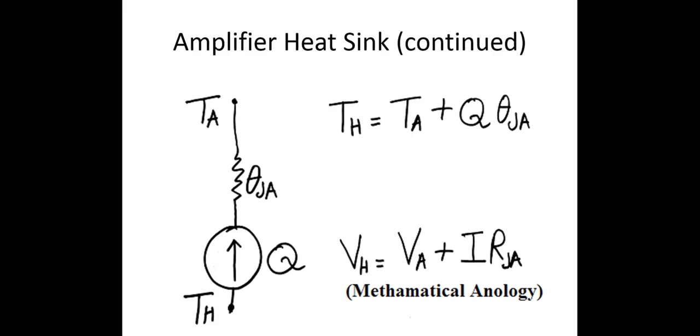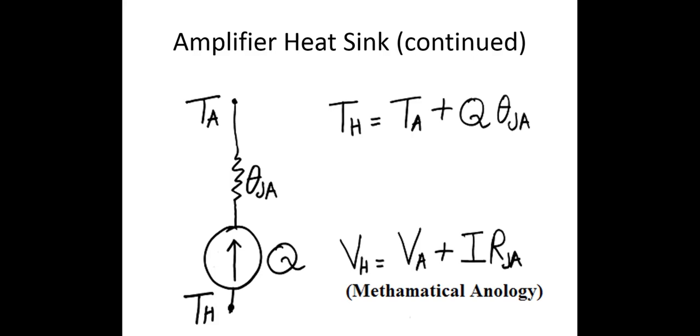As we know from electric circuit theory, if we have a node H with voltage VH and a node A with voltage VA and the current is I, then VH will be simply VA plus I RJA, where RJA is the resistance between node A and node H. Similarly, TH will be equal to TA plus heat dissipation multiplied by the thermal resistance.